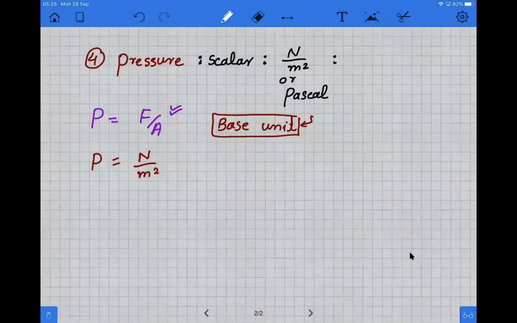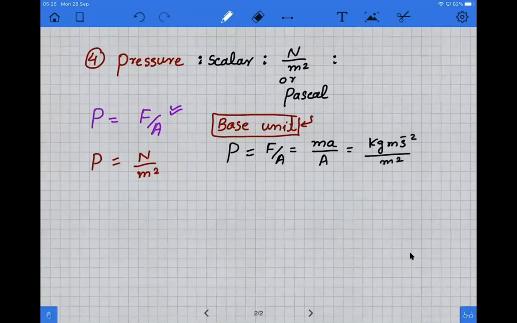The base unit of pressure could be written as P is equal to F over A. That could be MA over A. That could be kilogram meter second minus 2 over meter square.